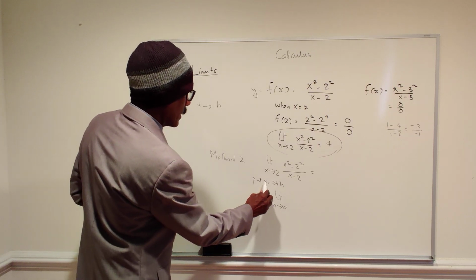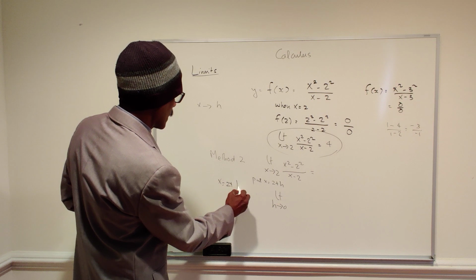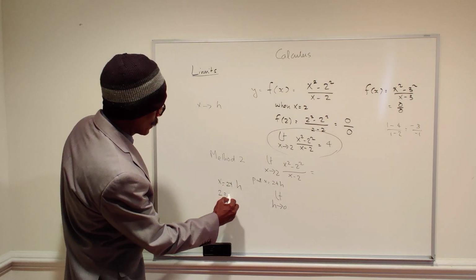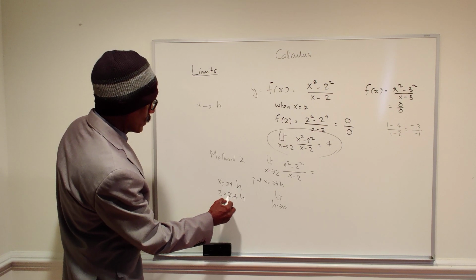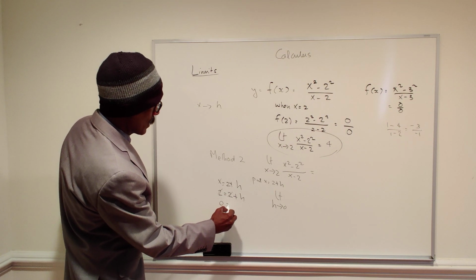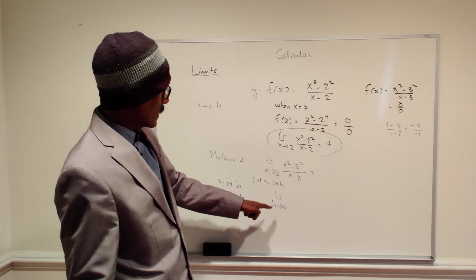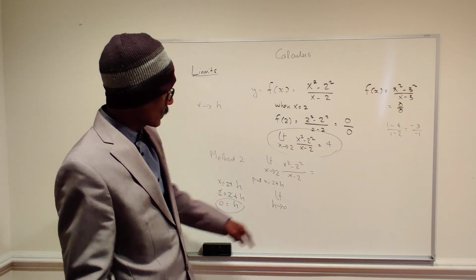See, x is equal to 2 plus h. When x is equal to 2, 2 is equal to 2 plus h. So 2 cancel, 0 is equal to h. So when x tends to 2, h tends to 0.